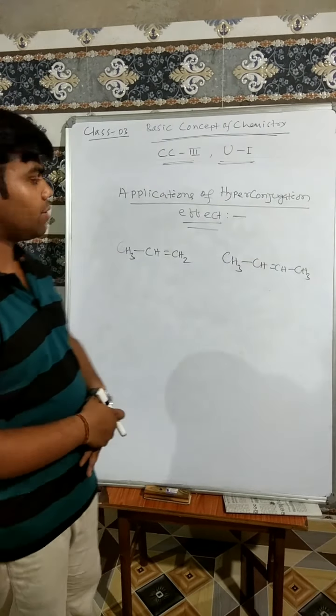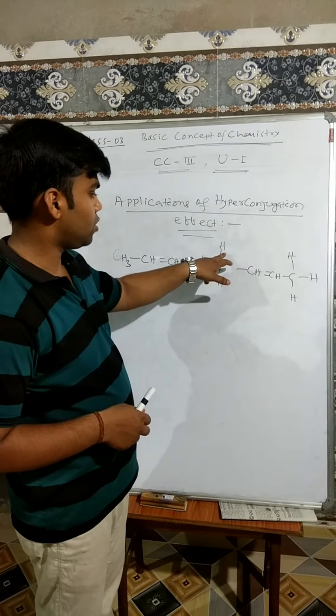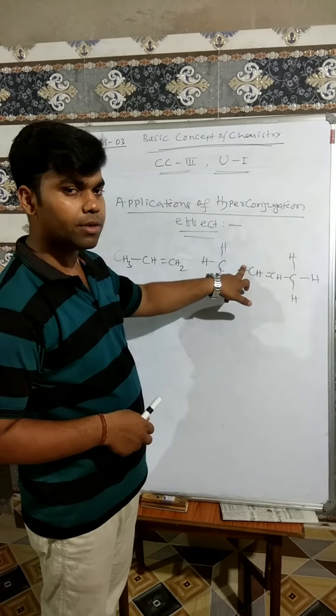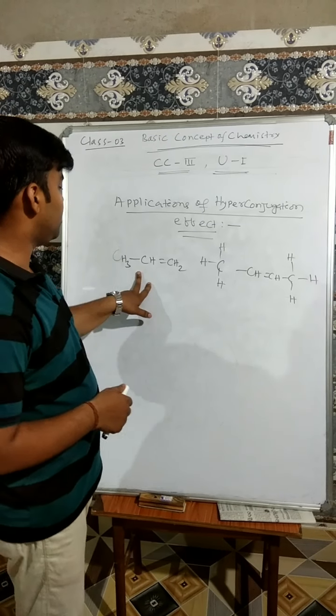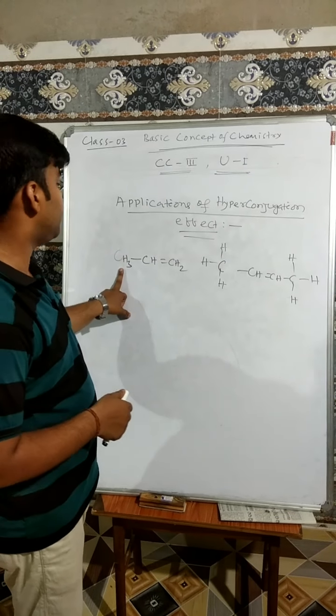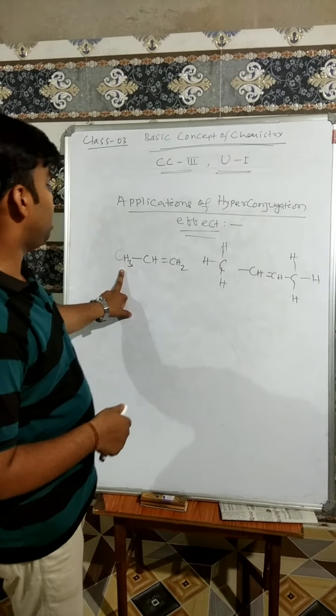In but-2-ene, you see here 3 alpha hydrogen atoms, and also here 3 alpha hydrogen atoms. So there are 6 alpha hydrogen atoms nearest to the multiple bond, and such sigma electrons can be delocalized, and we get more hyperconjugation structures. But in case of propene, we get just 3 hyperconjugative structures, because there are 3 alpha hydrogen atoms in the propene molecule.